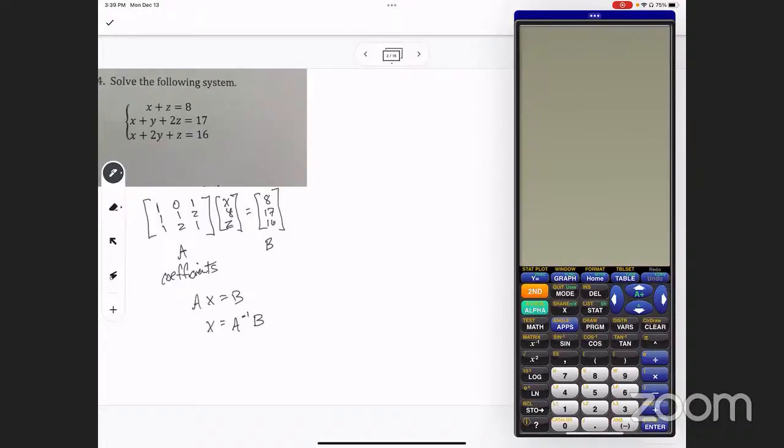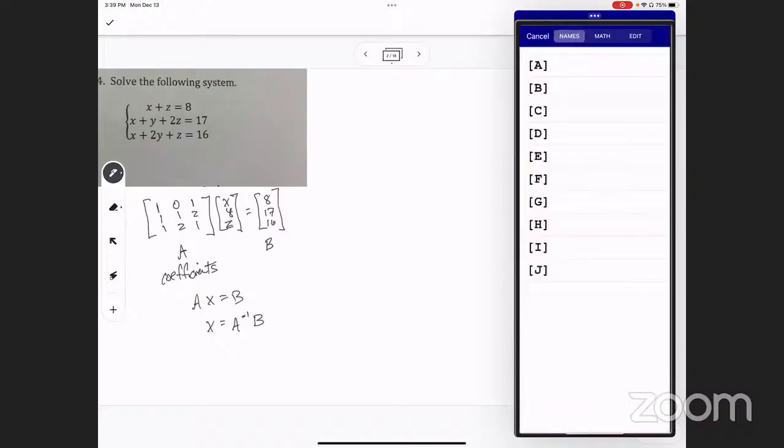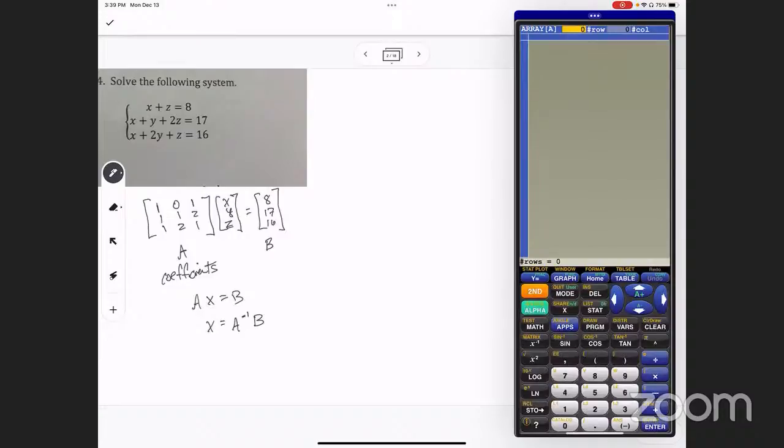You go see where it says matrix to the right, underneath the math button, the orange one. Do you see it? The second button? Yeah, the second button. So I'm going to name my A matrix. I'm going to edit my A matrix. So I go to edit matrix, and you're going to have to put in 3 rows and 3 columns.